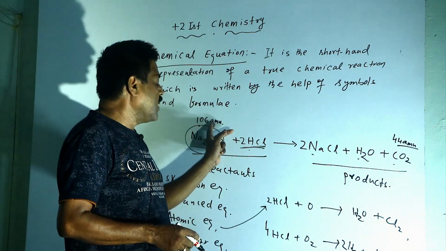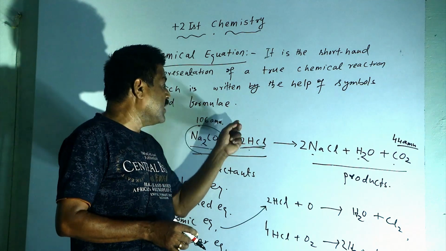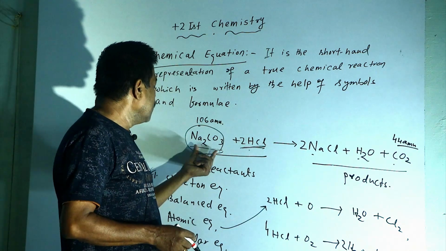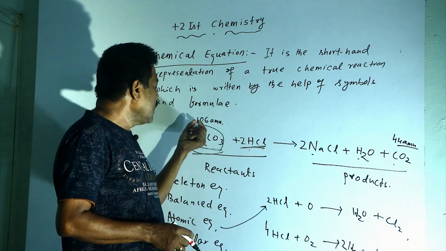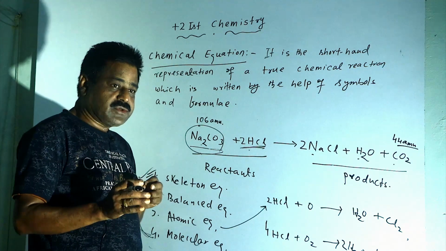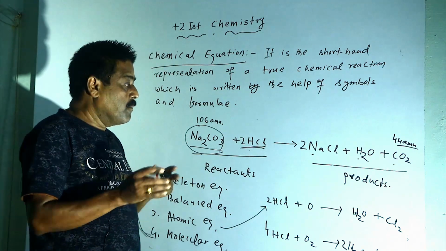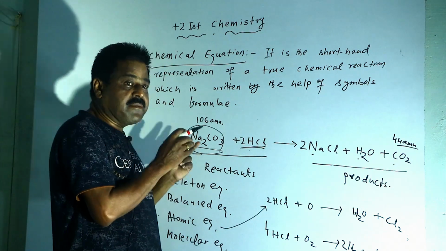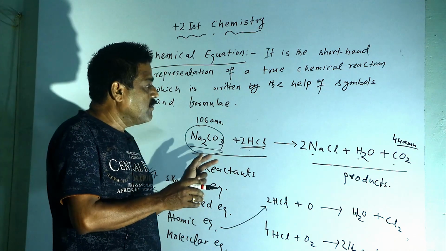Here AMU can be replaced by gram also. So the molecular mass, this is called quantitative relationship. Number of atoms in the reactant and product side, mass of the reactant and product. These are some quantitative relations.